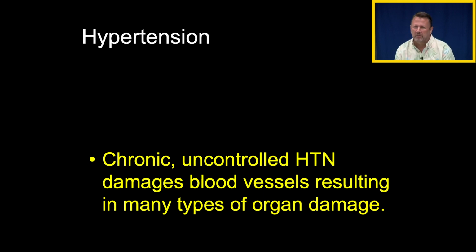Chronic uncontrolled high blood pressure is going to damage blood vessels, and you can think of any organ that relies on its blood vessels, and think about what happens when that organ stops working. So hypertension is a leading cause of brain death and myocardial infarction and stroke, and blindness and kidney disease and dialysis. So there's all sorts of problems that emerge from high blood pressure.